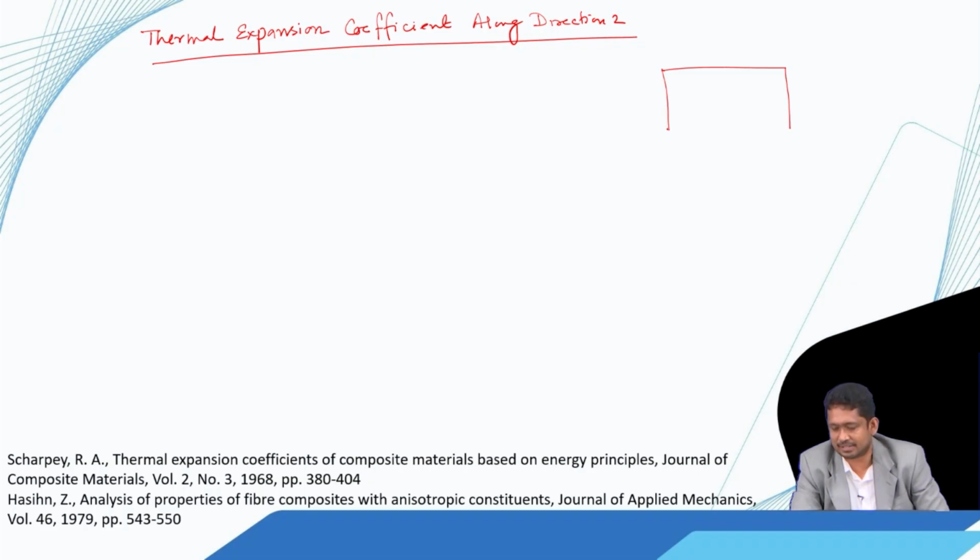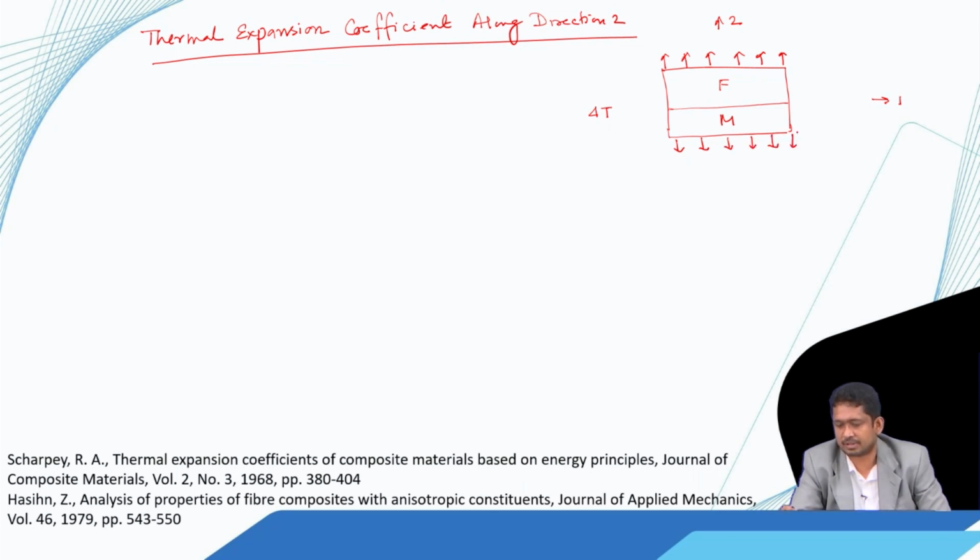Again let us assume we have the idealized version of the fiber and matrix combination, F and M. This is direction 1 and this is direction 2, under some temperature change delta T. The stress along direction 2 is sigma 2.